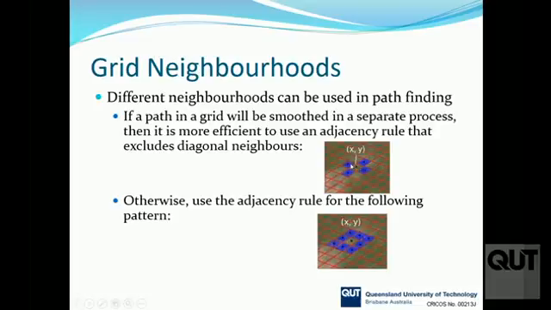In this instance, we'd be looking at the 4 coloured blue around the particular node given by x and y. The reason I mention smoothing is that if we try to find a pathway with that sort of neighbourhood relationship, pathways will tend to have very sharp bends like that. They won't go diagonally. And because of that sharp bend, you might be inclined to smoothen that pathway out once you have it.